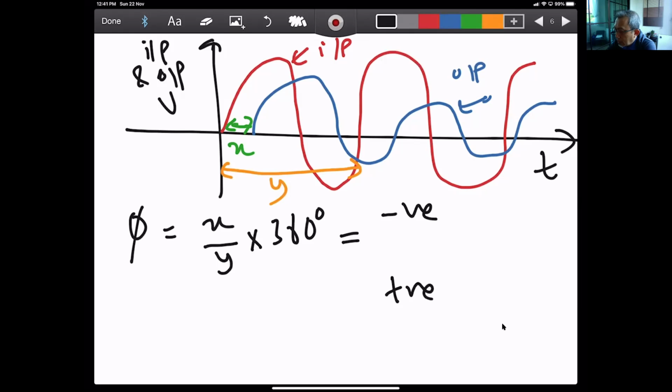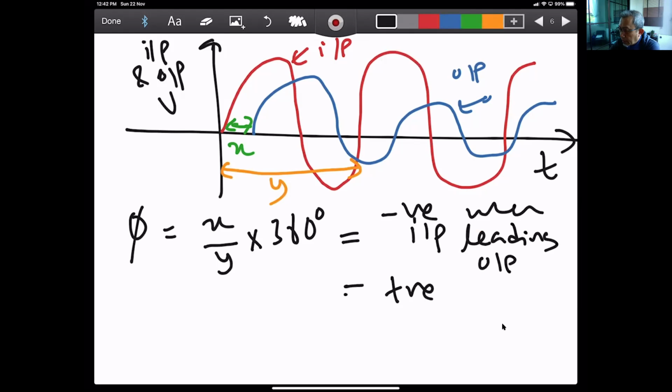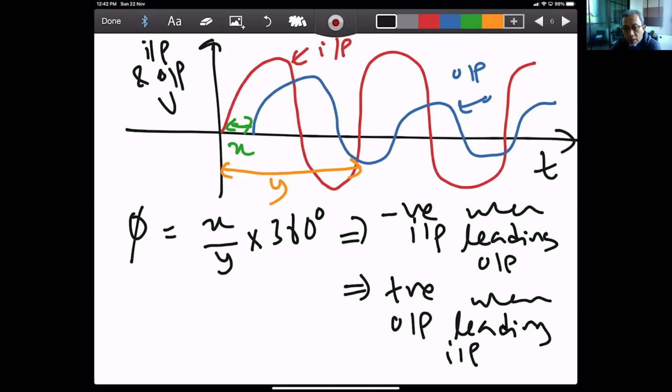It is negative when the input is leading the output. But it is a positive phase shift when the output is leading the input. So you have to understand this concept first, because maybe I will ask when the phase shift becomes negative and when the phase shift becomes positive, right?